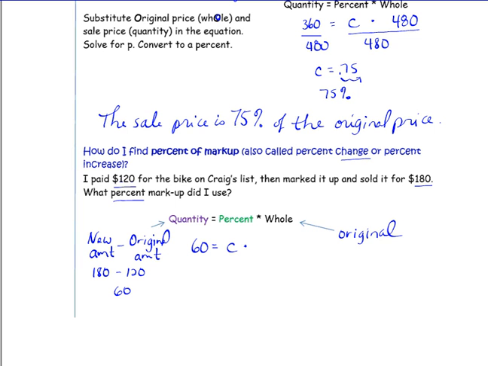And the whole is the original amount. And that's what it used to be before you marked it up. So that's 120. Solve your equation, divide by 120 on both sides of the equation. So C is equal to 0.5. And if you convert that to a percent by multiplying by 100 or move your decimal, the answer is 50%.